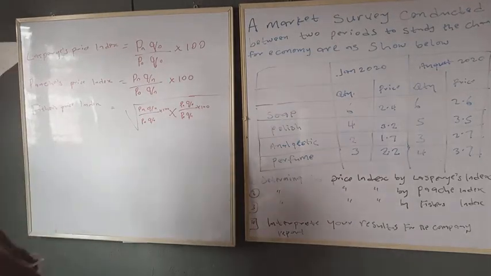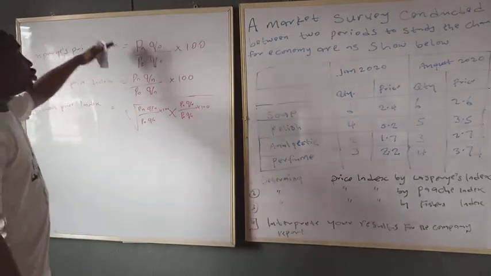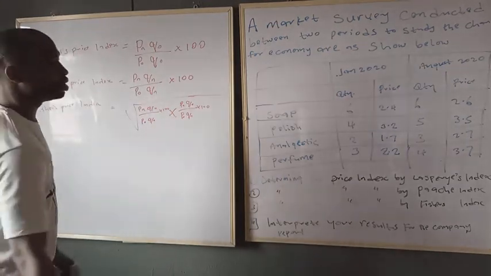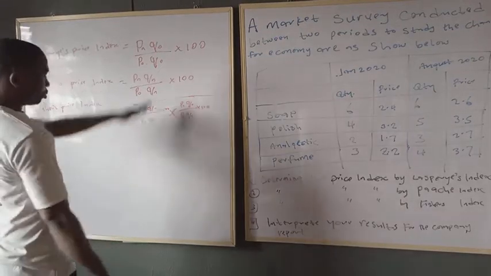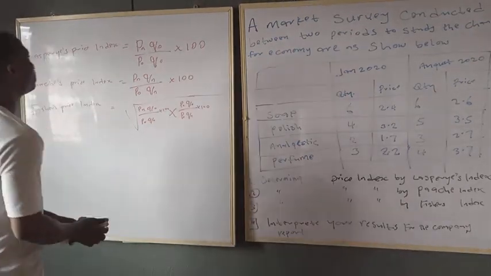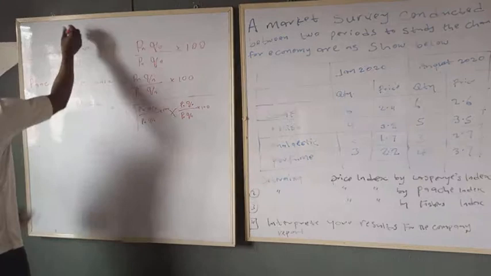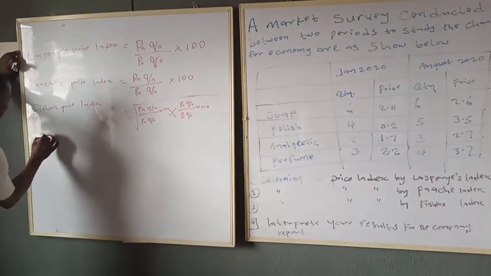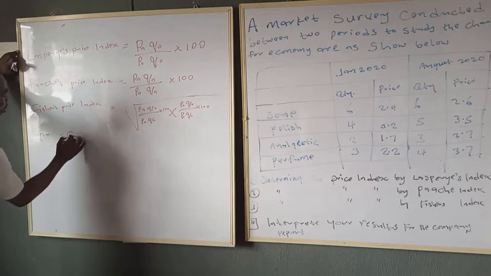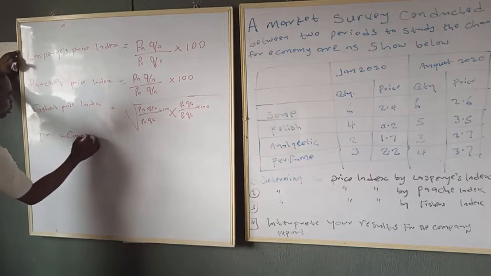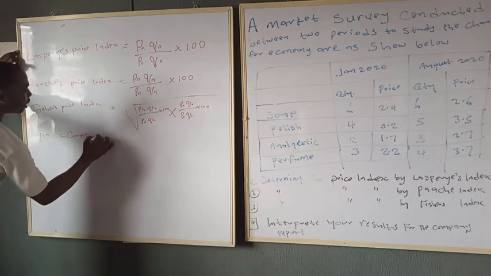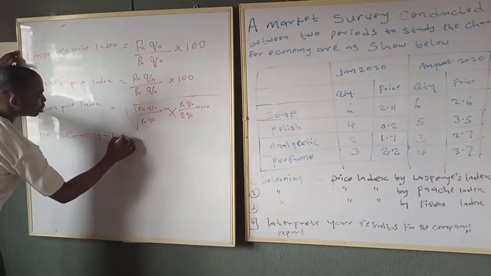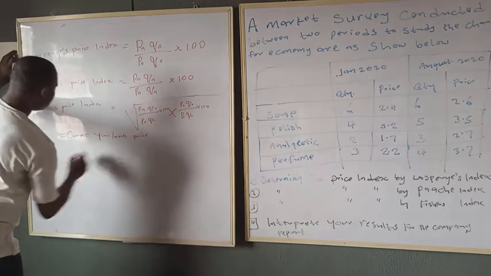It's very simple. Laspeyres believed that to estimate the price index, it relies on base year quantity. Let me first explain: Pn means current price, current year or month price.